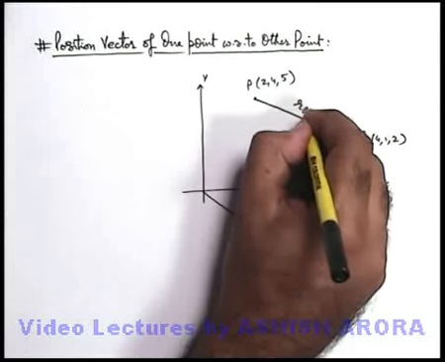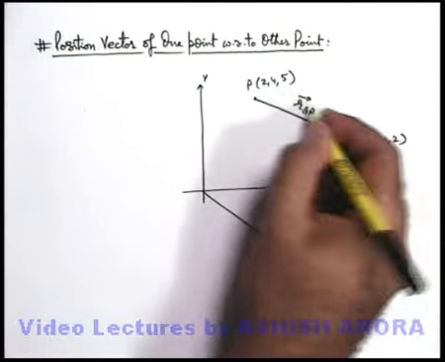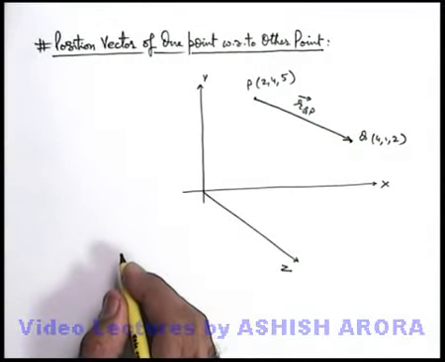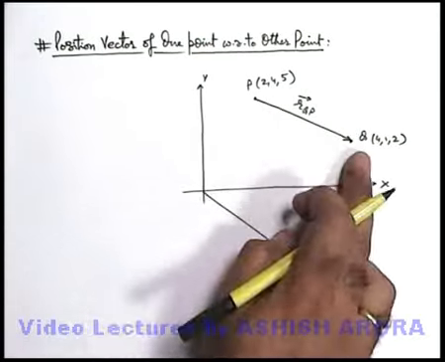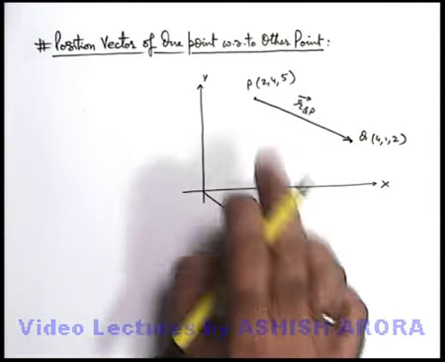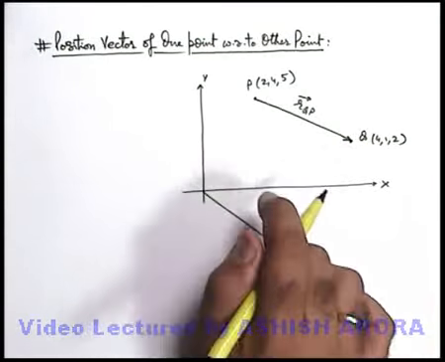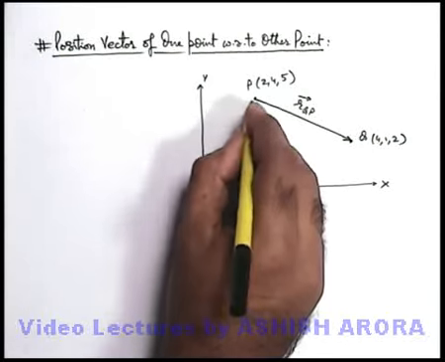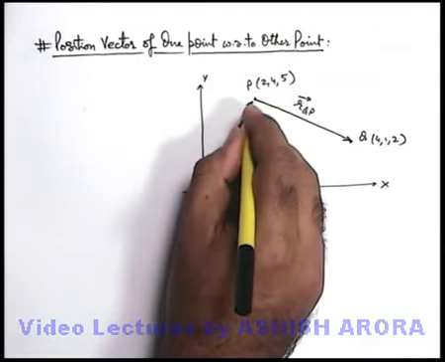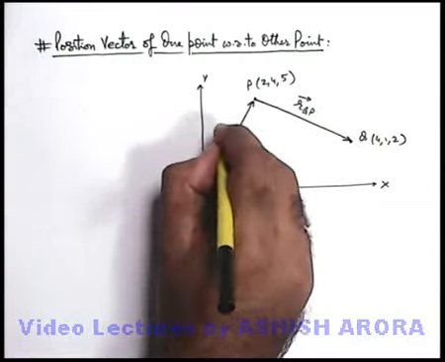This position vector of Q with respect to point P, we already studied. We are required to find this RQP. To find this RQP, we first find the position vector of point P with respect to the origin. Say it is RP.